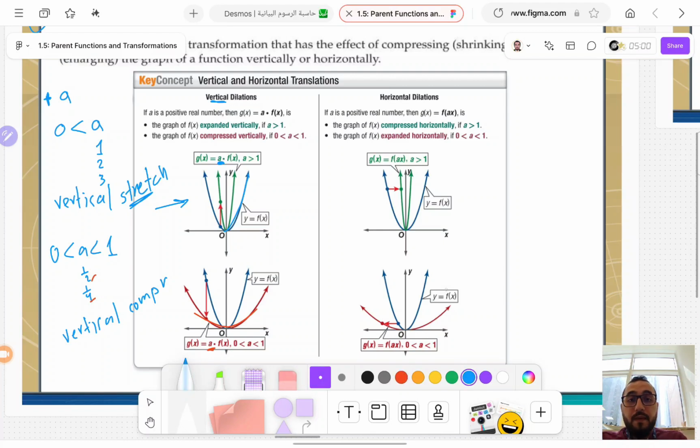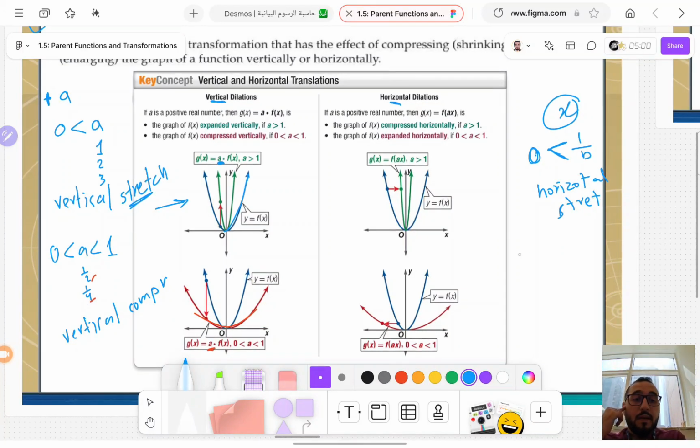Now the horizontal dilation is related to the x, as I told you before. Let me write it as an inequality. If the number next to the x, let's say 1/b, is greater than 1, that means it's a horizontal stretch.